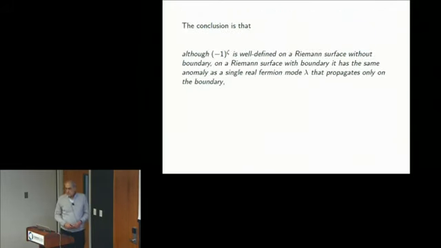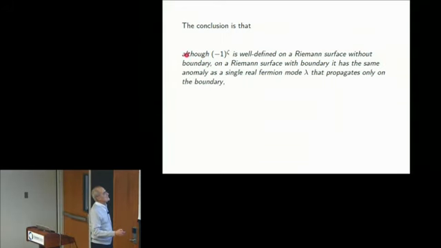So the conclusion is that, oh, terrible. There's a misprint here, namely the word not is omitted. The conclusion is that although -1 to the zeta is not well-defined on a Riemann surface without boundary, sorry. No, okay, sorry. This was misread rather than misprinted.